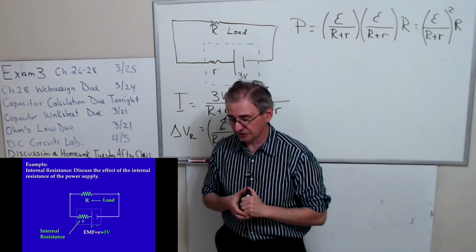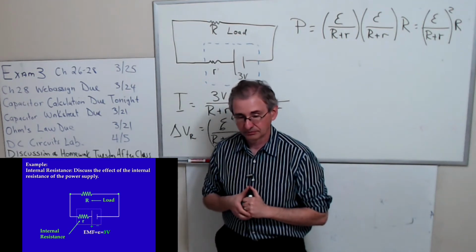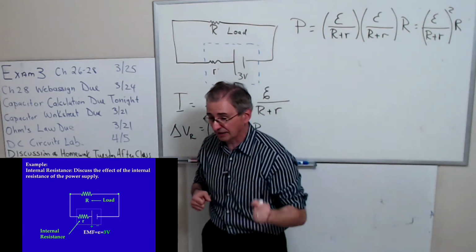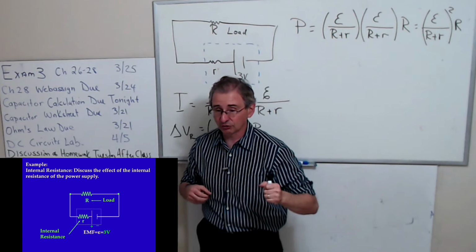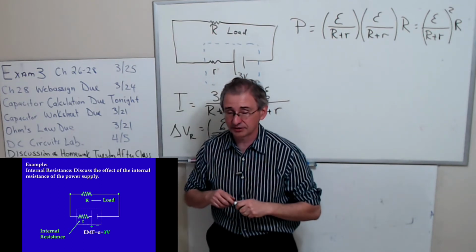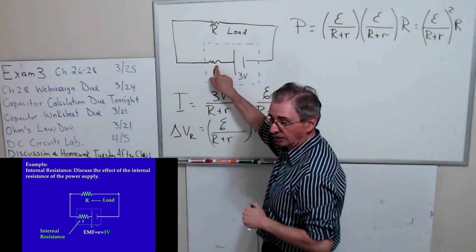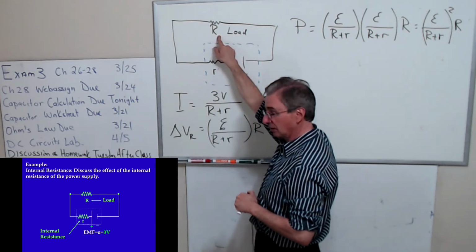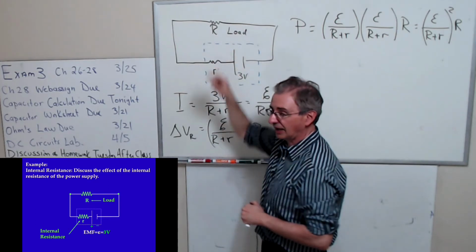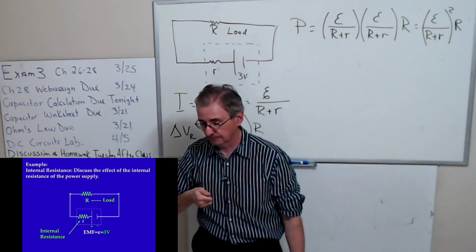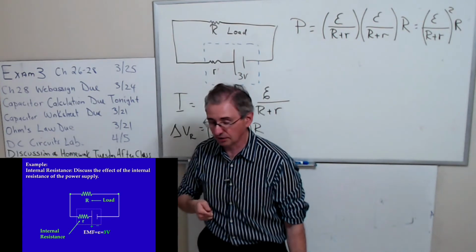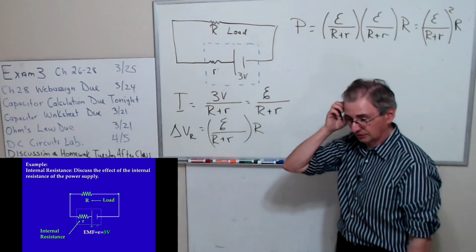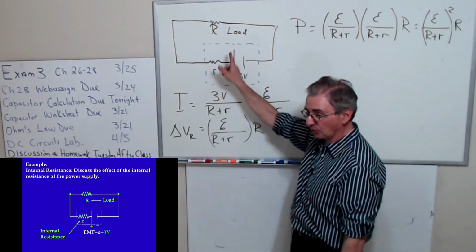Then turn the key to start the car up. When you're turning the key, there is a lot of current going through your car. This voltage drop is going to be large. The voltage across the headlight will get smaller. And what will happen to the headlights as you turn the key? They're going to be dimmer. Okay, so you'll see the effect of the internal resistance of your battery. The older the battery, the bigger this is, the more the effect.